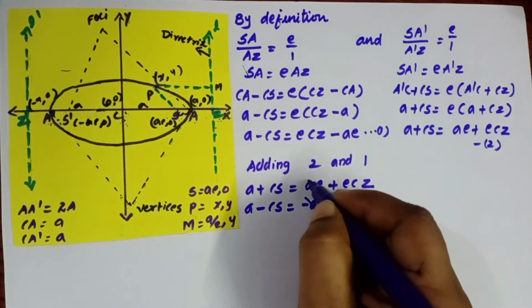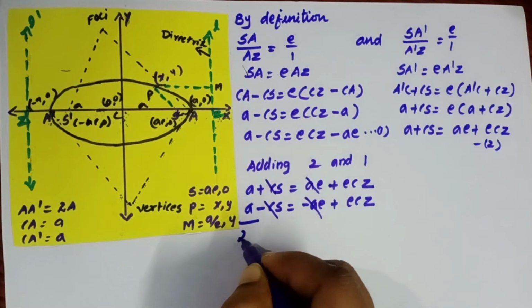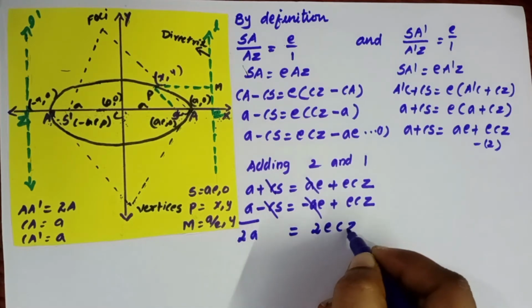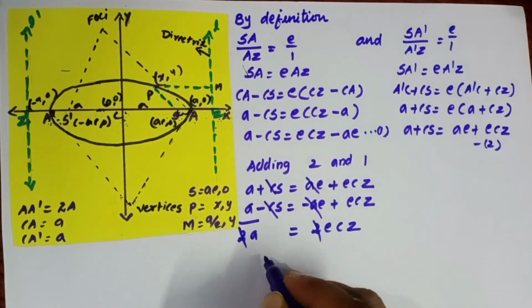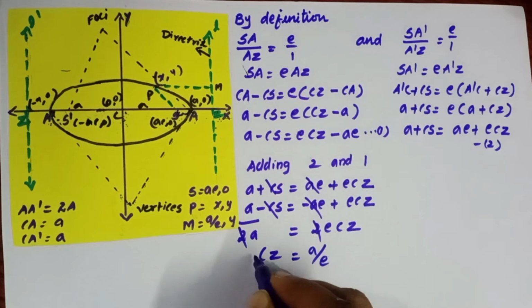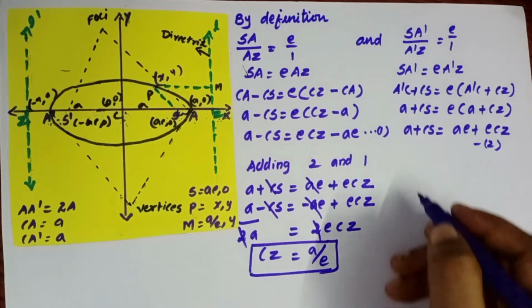So plus AE minus AE cancel, plus CS minus CS cancel. So 2A equal to 2ECZ. 2 and 2 will get cancelled. So CZ equal to A by E.